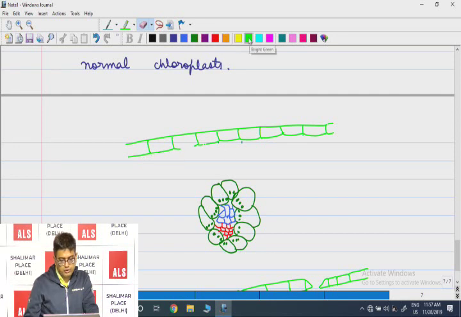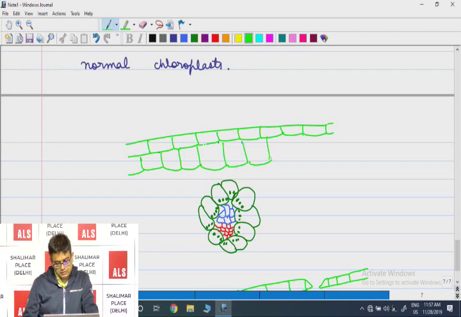I am drawing them with somewhat lighter color, like this. These are the mesophyll cells, and then I will also draw the chloroplast inside these cells.